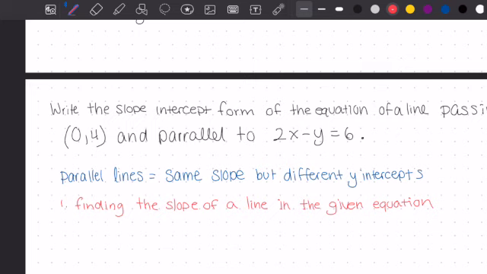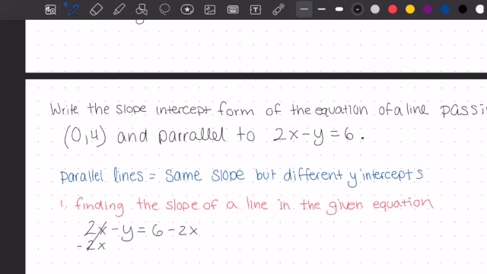So I'm going to rearrange this equation up here to put it in a way that I can read slope from it. So my slope intercept form is going to be what I'm going to choose here. So I'm going to have my original 2x minus y equals 6. I'm going to keep y on this side, but I'm going to minus 2x from both sides.